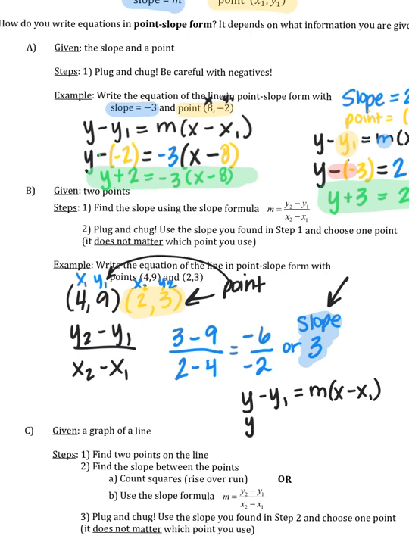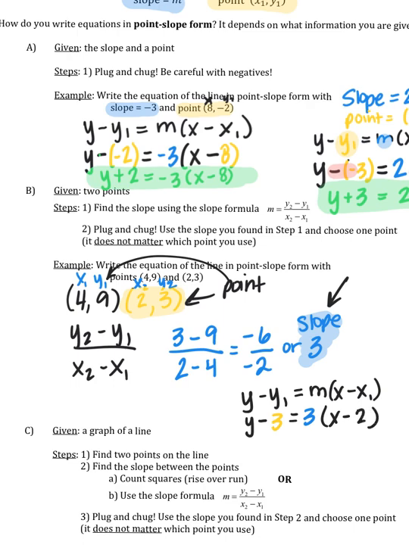So I have y minus 3 equals, my slope is 3 times x minus 2.